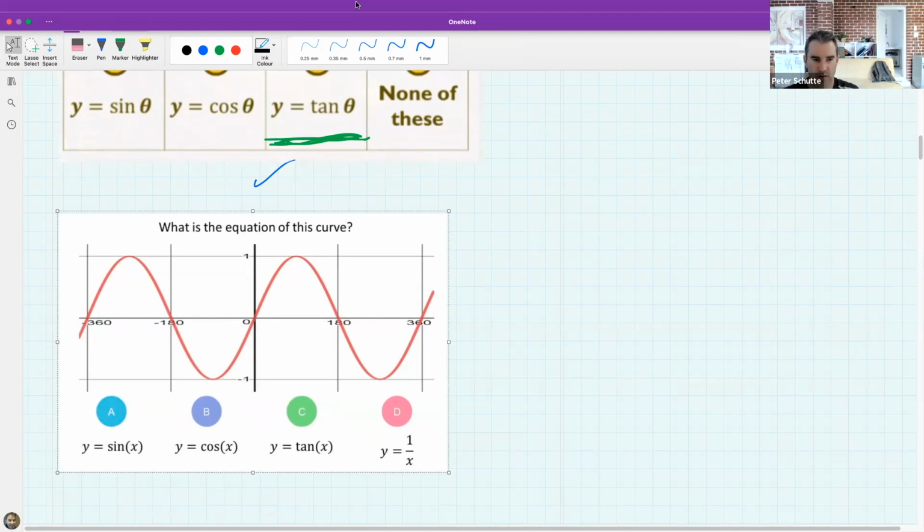So we're given a choice. Is it A, B, C, or D?